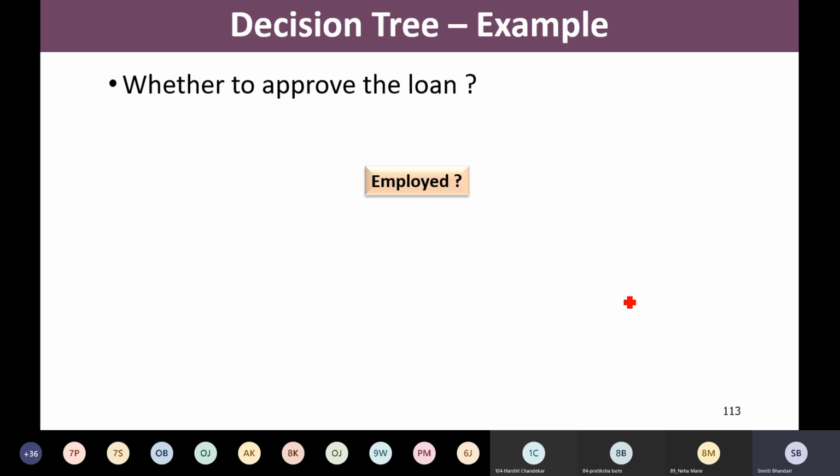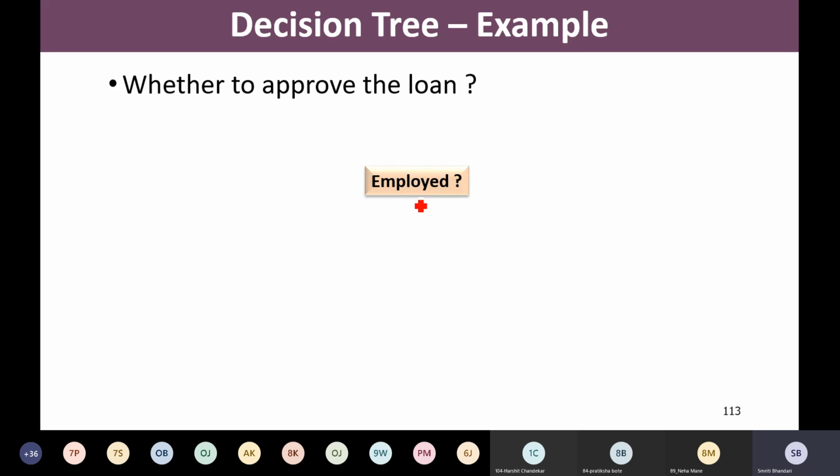So one such parameter is whether the person applying for the loan is employed or not, right? Let us assume that this is our first decision. For this feature or attribute, there are two possible values. What are those two values?